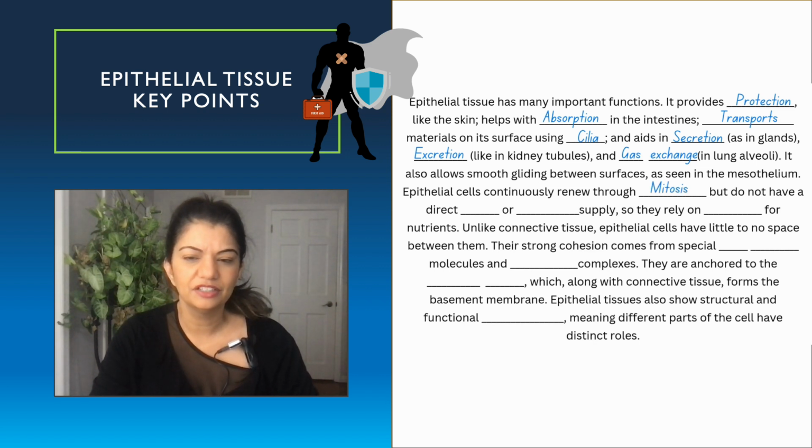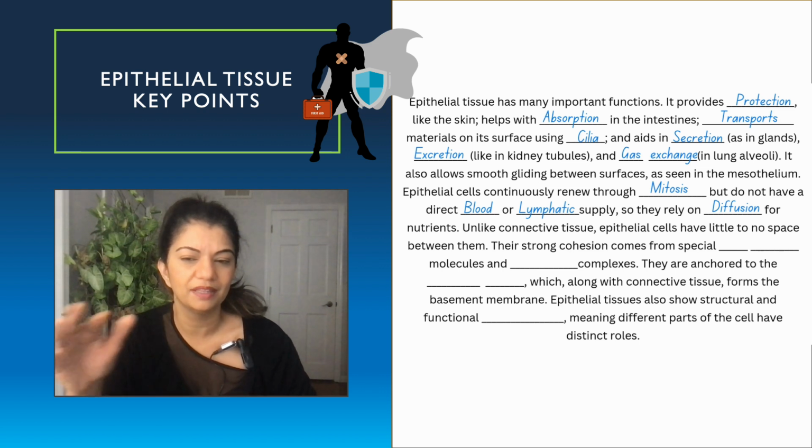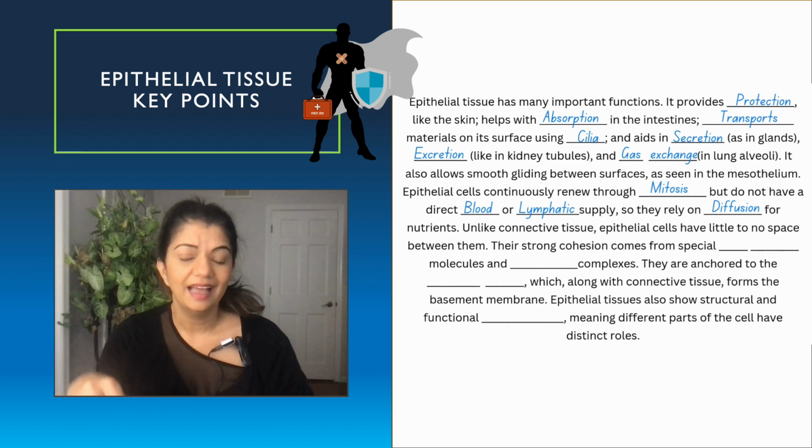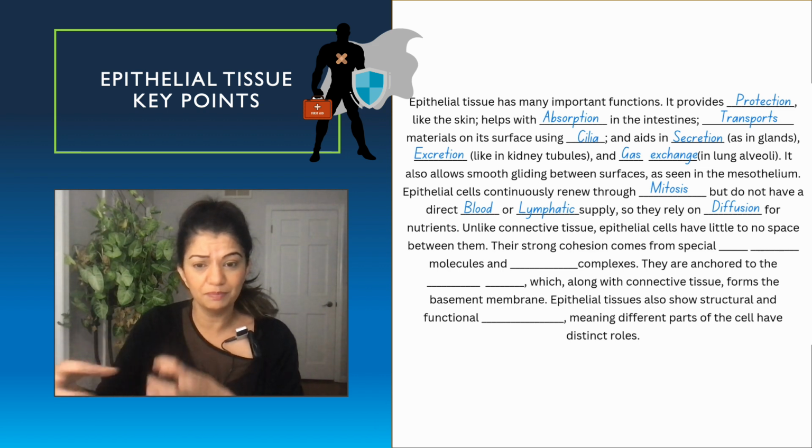Epithelial cells continuously renew through mitosis, but don't have blood or lymphatic supply, and they rely on diffusion for nutrients. Unlike connective tissue, epithelial tissue or cells have no space between them, right? There's no extracellular fluid between them.